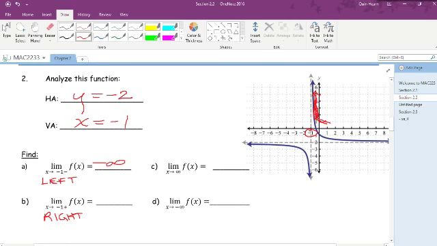And so what's happening to the y values as we pick x values very close to -1 is that it's increasing without bound. In other words, it's going to what? Yes, positive infinity. Very good.